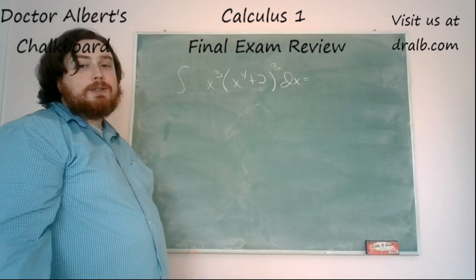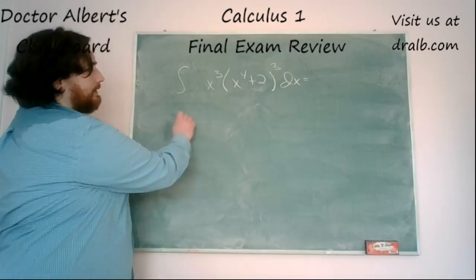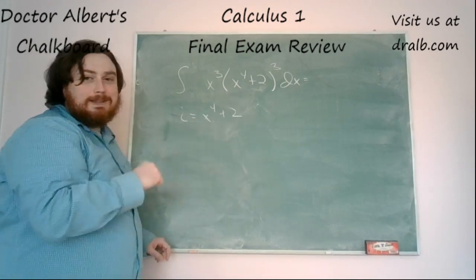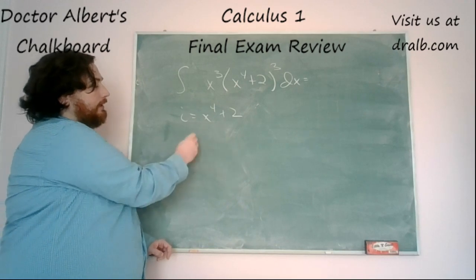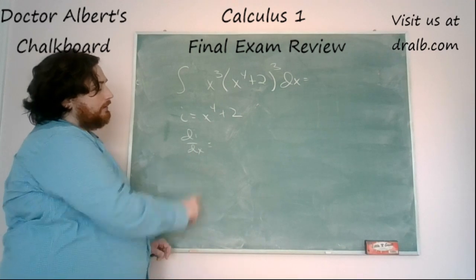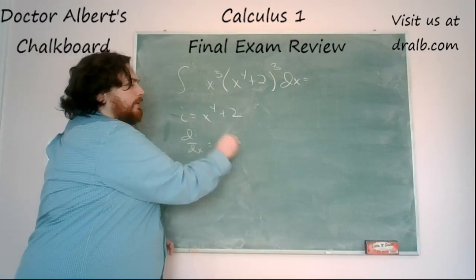So the substitution here is, well, the inside function is going to be x to the 4th plus 2. So now, if that's u, what we're going to get is that du dx is going to be, well, the derivative of u with respect to x is 4x cubed plus 0.